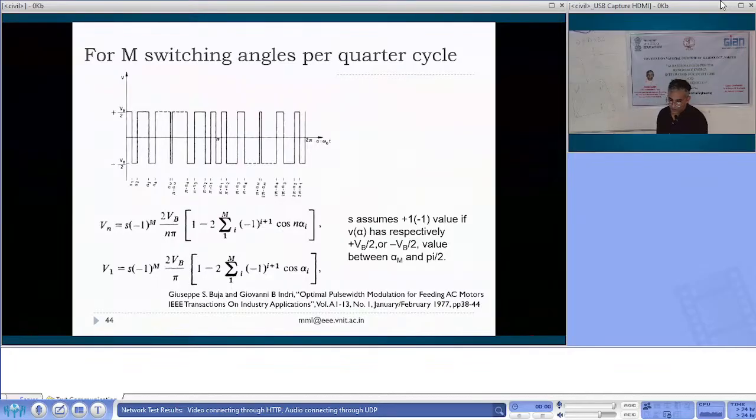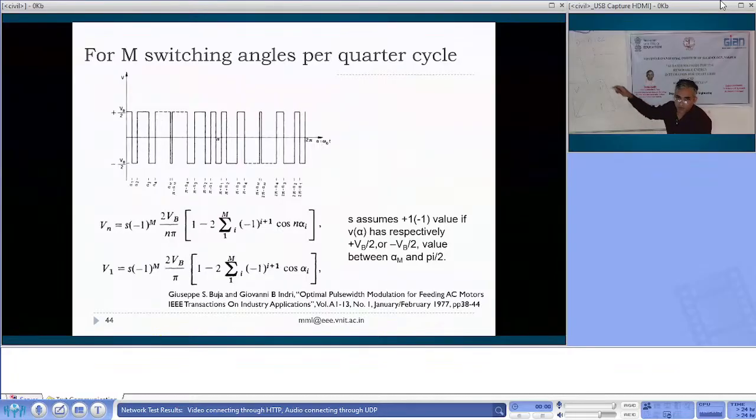This is given by a very old paper, a 1977 paper. But still you will find papers on selective harmonic elimination to date. If you search, you will get some papers on selective harmonic elimination. This is the first paper maybe by G.S. Bhuja.